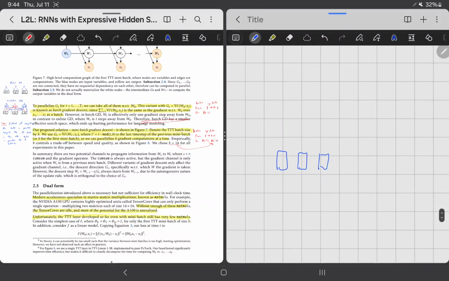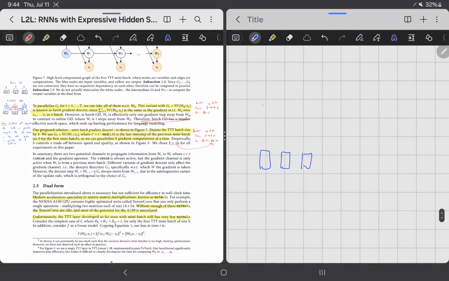So these 3 tokens here are going to be based off H0. This first token is going to compute H1 using the hidden state H0. This one is going to compute H2 using hidden state 0. And this one's going to compute H3 using hidden state 0.